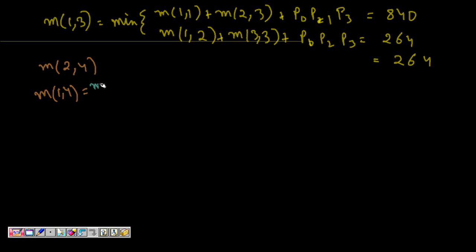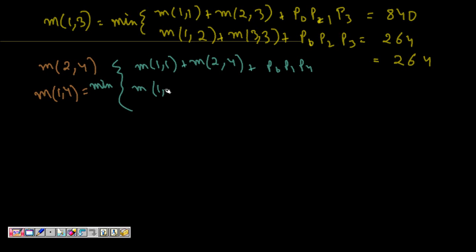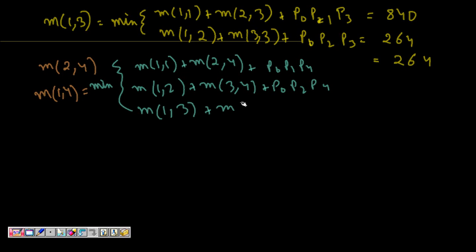This will be the minimum of M1,1 plus M2,4 plus P0, P1, P4, or M1,2 plus M3,4 plus P0, P2, P4, or M1,3 plus M4,4 plus P0, P3, P4.